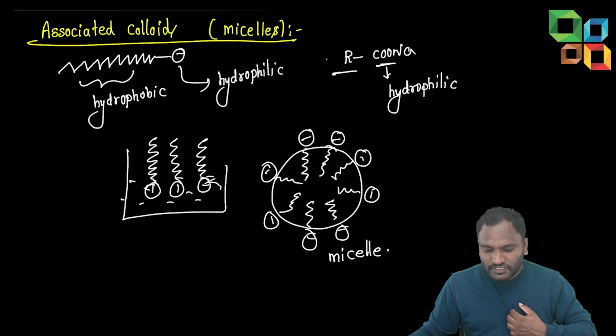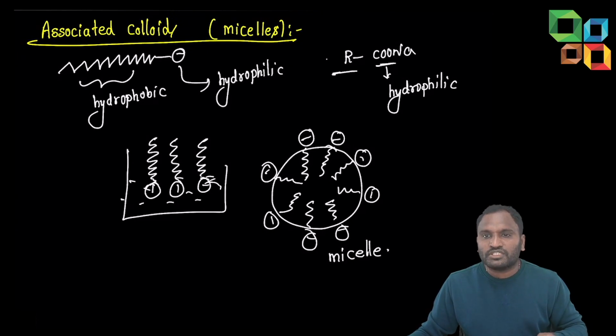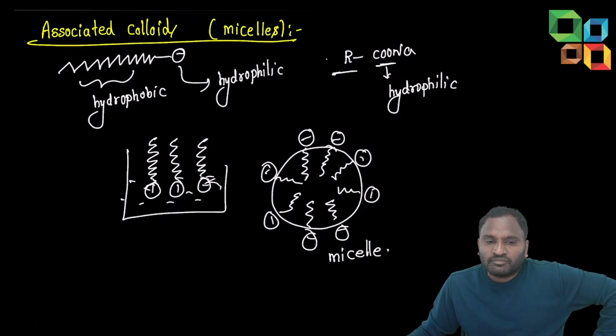So what did I say? Some solutions that act as electrolytes at low concentration behave like a colloidal solution at high concentration. These colloidal solutions are called associated colloidal solutions. These are also micelles. Got it, students?